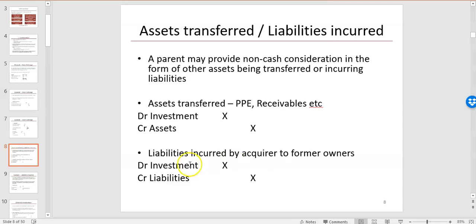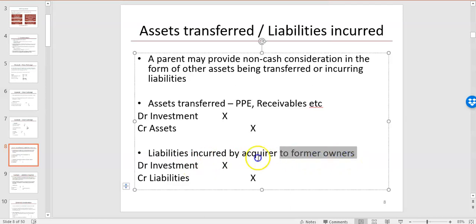The alternative way is you might take on liabilities from the owners. So you might say to the owners of a potential target, I will take on that loan that you have as part of consideration. So you're not giving them an asset, you're taking over one of their liabilities. It's still consideration. So you're increasing your own liabilities, and what you're getting in return is an investment in a particular subsidiary.